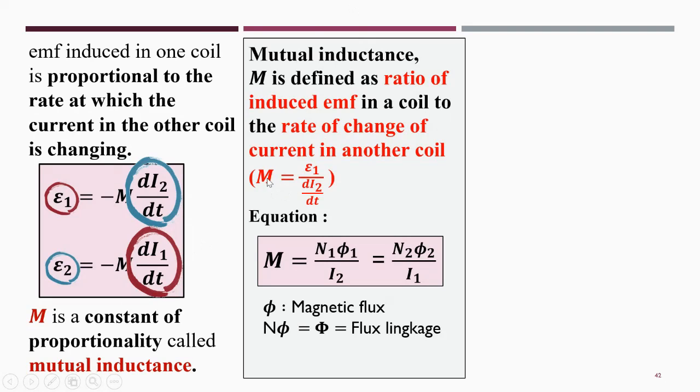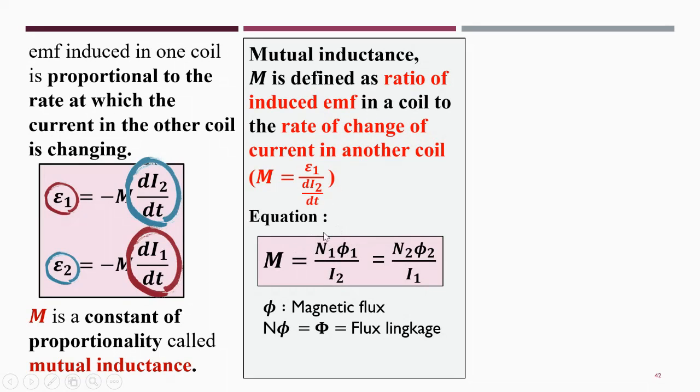If we rearrange the equation, we get the mutual inductance is equal to the induced EMF divided by the rate of change of current. Mutual inductance can also be calculated using the flux linkage divided by current.